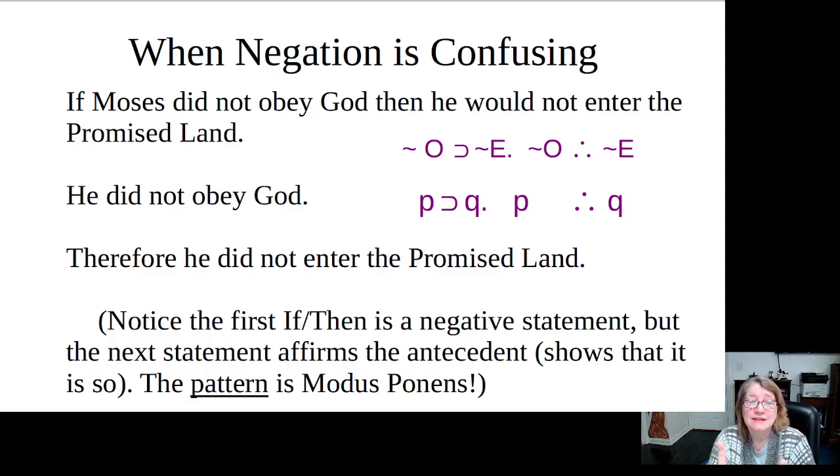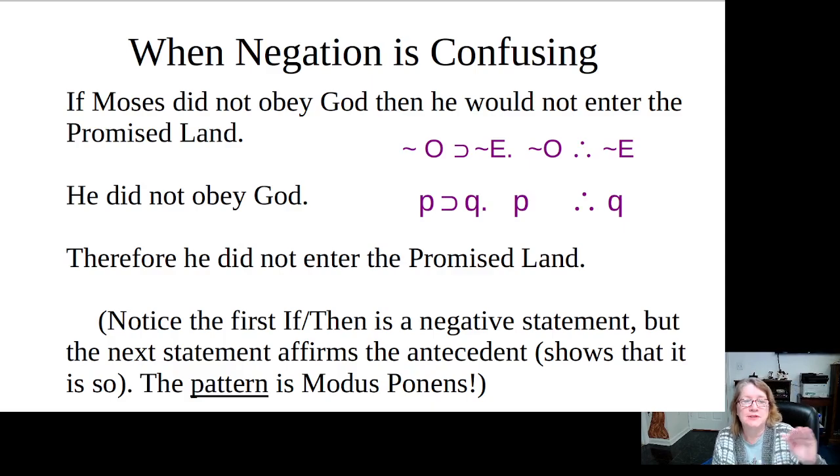To negate this, to turn it into a modus tollens, we would look at the second part, the Q, which in this case would be not E. And the not E would be the second line, but it would be not not E. It would be a double negation, because if you have a not and you want to switch the value of it, you have to say not. Therefore he did not enter the promised land if he had been obedient.